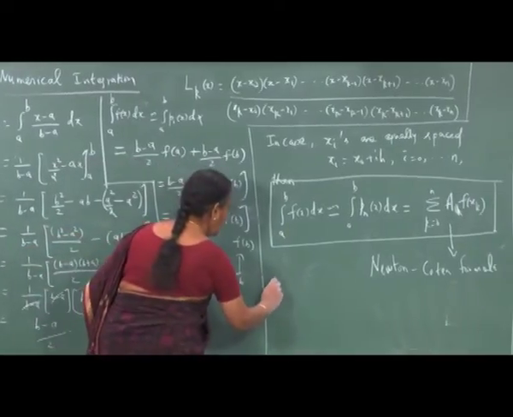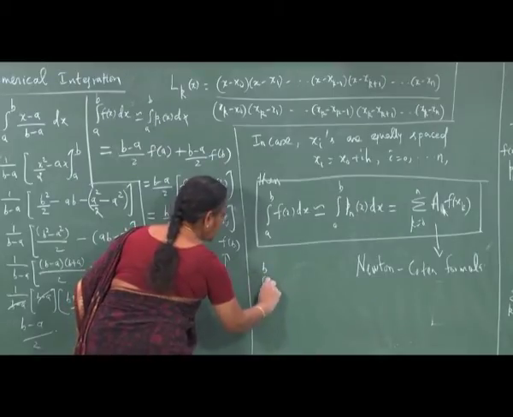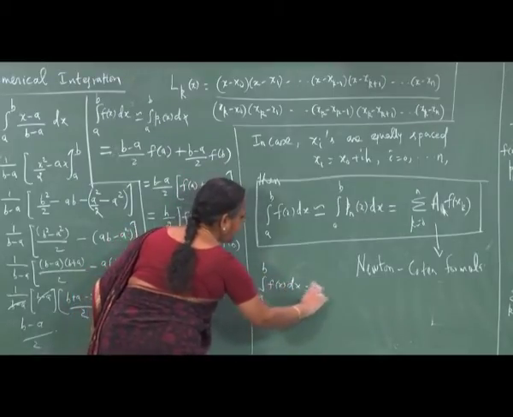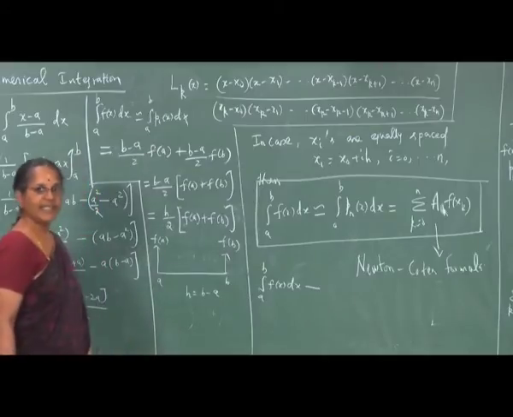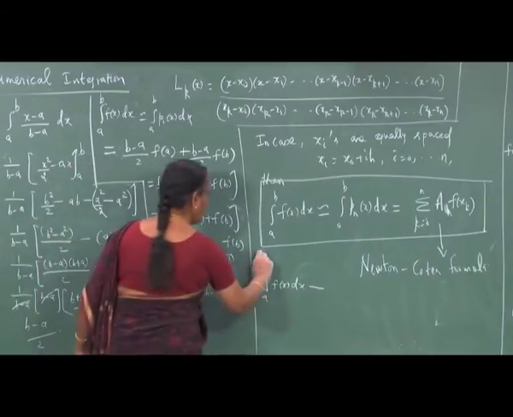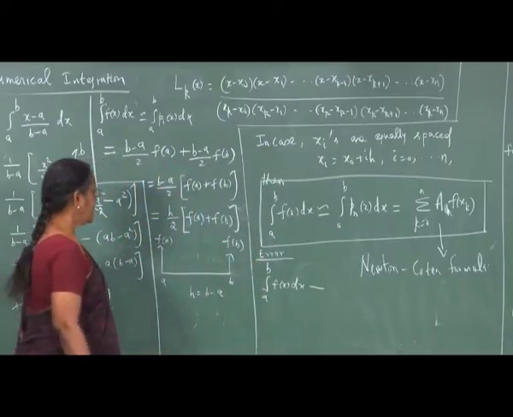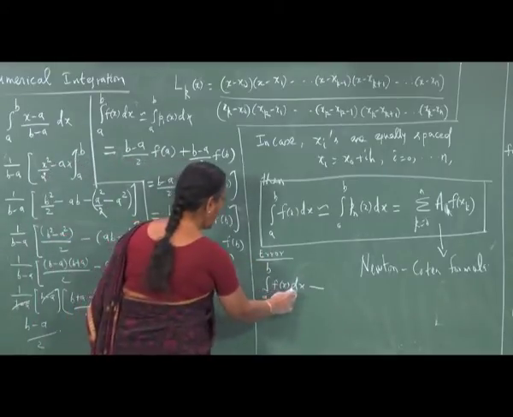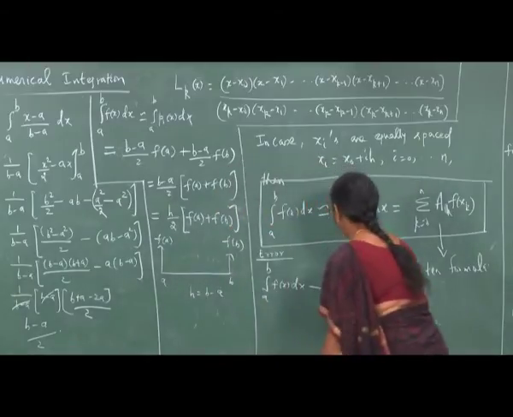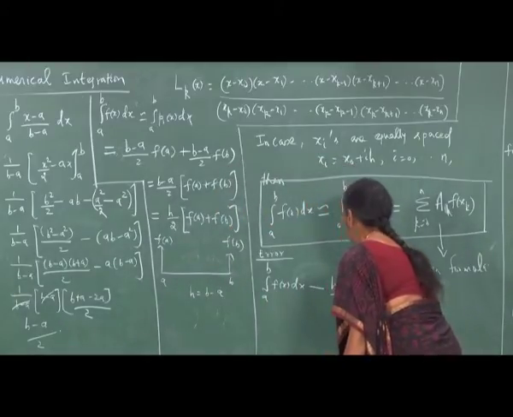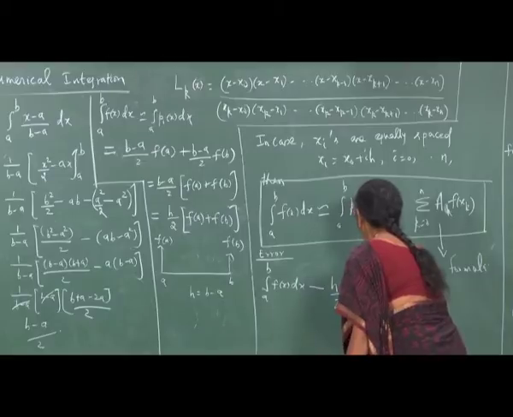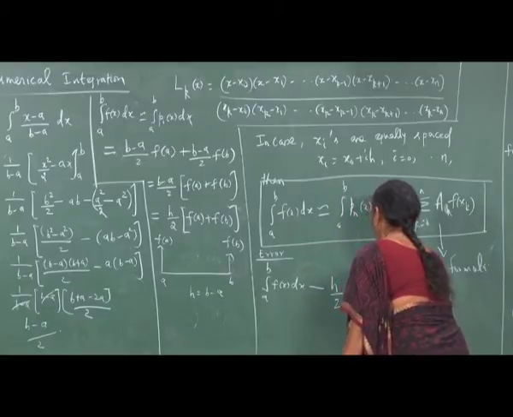And you surely know that there is some amount of error that is incurred in this estimate. So, you have to determine what is the error that is incurred, namely the integral from a to b of f of x dx minus h by 2 into [f at a plus f at b].